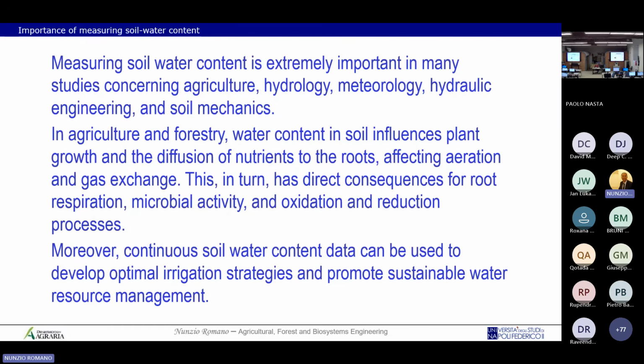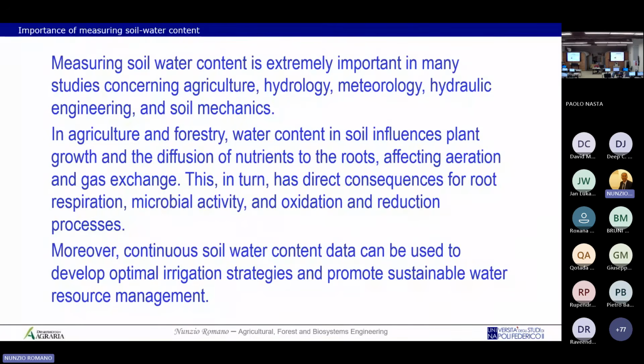the landslides, which make a lot of progress considering the unsaturated flow. But soil water content is also very important for the movement of nutrients in the rooting zone and gas exchange in the system.